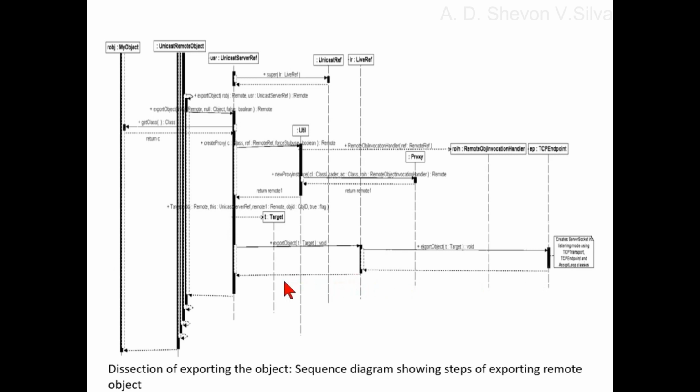LR live ref is connected to USR unicast server ref. USR unicast server ref is connected to unicast remote object, and then it's going through here, and unicast remote object is connected to RObj my object here.